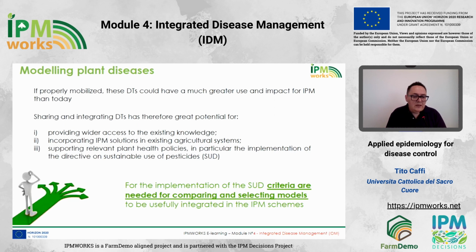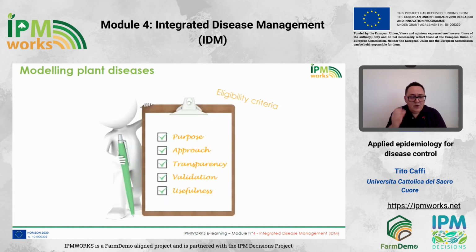So we can implement the Sustainable Use Directive criteria for comparing and selecting models to be usefully integrated in the IPM schemes. And how to evaluate the quality, and how can we trust a decision support system?